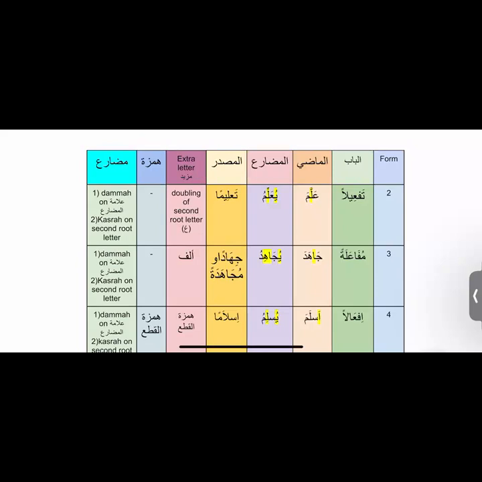There will be a alamatul mudare with dhamma. And in case of bab taf'il, you are seeing doubling of ainul kalima. In case of bab mufa'ala, you are seeing alif after the first root letter. In case of bab if'al, you are seeing hamzatul qata before the first root letter, right? And again, dhamma on the fail mudare, alamatul mudare, and there is a kasra on the ainul kalima.